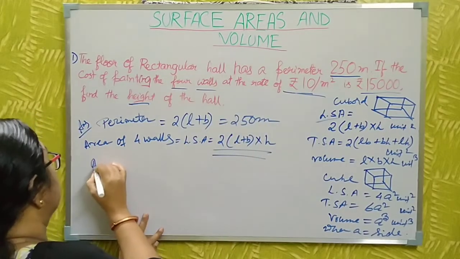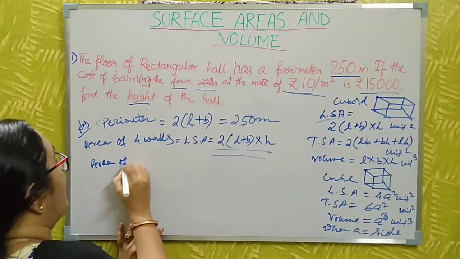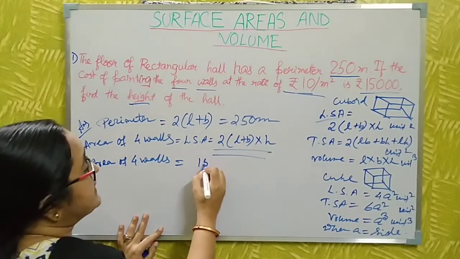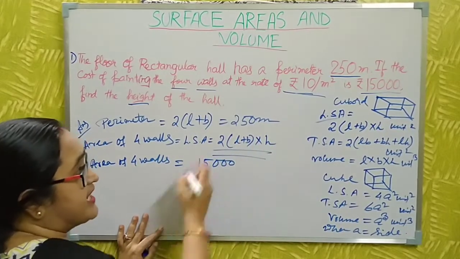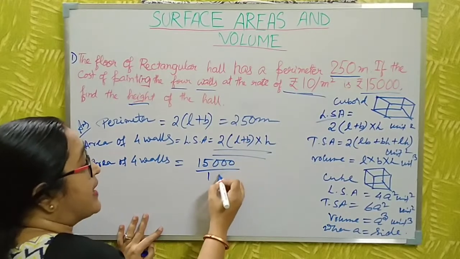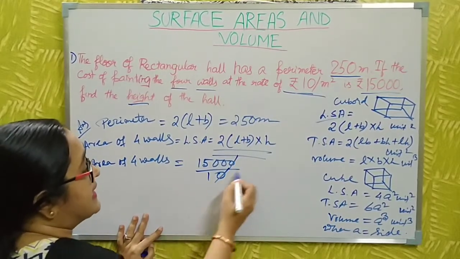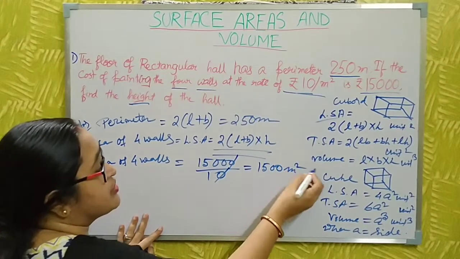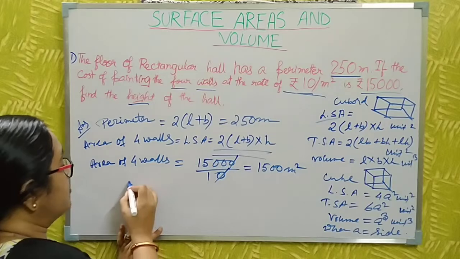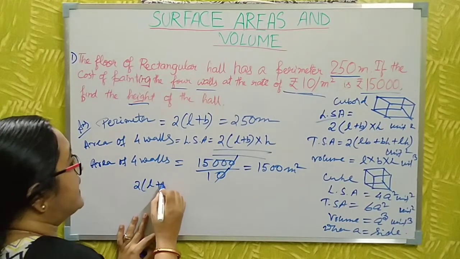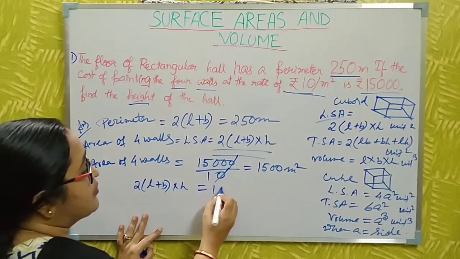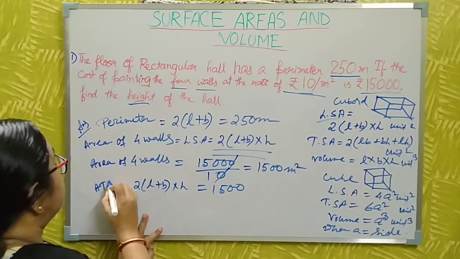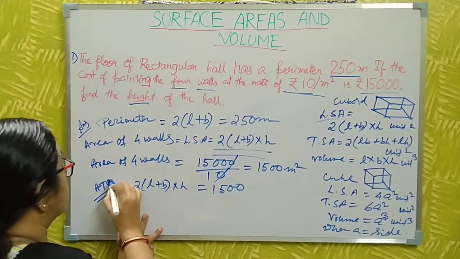The area of four walls is the total cost 15,000 divided by 10 per meter square. Then the area of four walls becomes 1500 meter square. Then we put 2 into (L plus B) into H equal to 1500, according to the question.